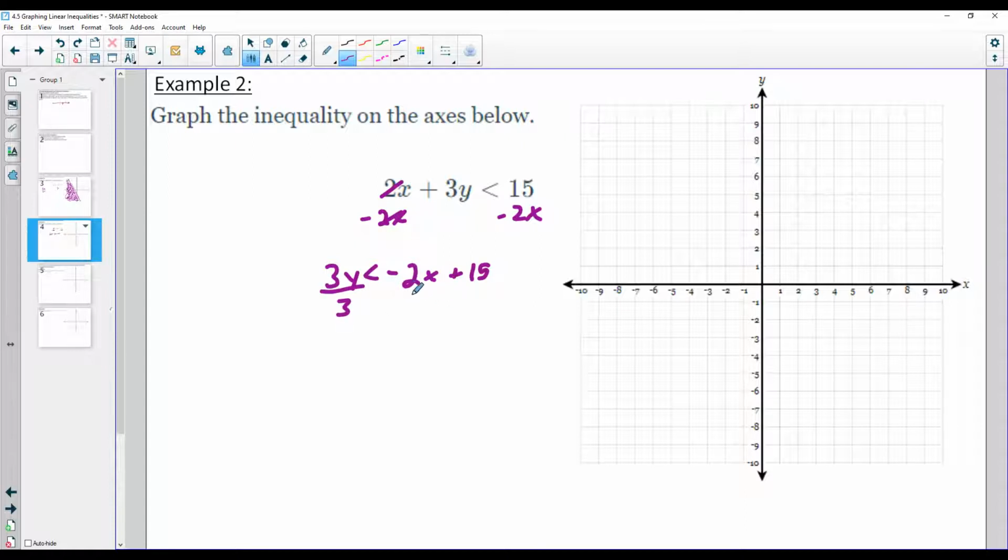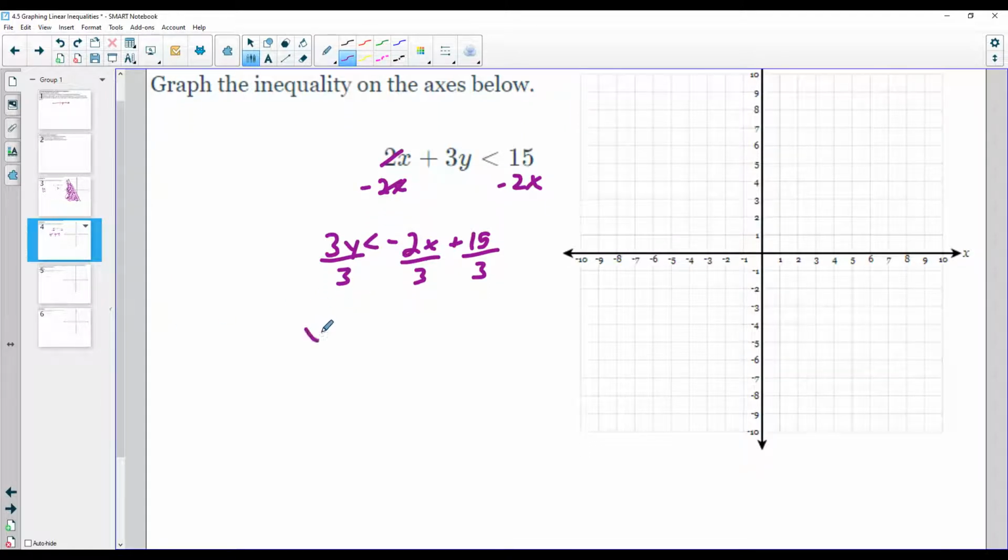Then we have to divide by 3, and we have to divide everything by 3. We get y is less than, and then -2x divided by 3, which I'll write as -2 thirds x. It's the same thing as having that x in the top. And then 15 divided by 3 is 5.